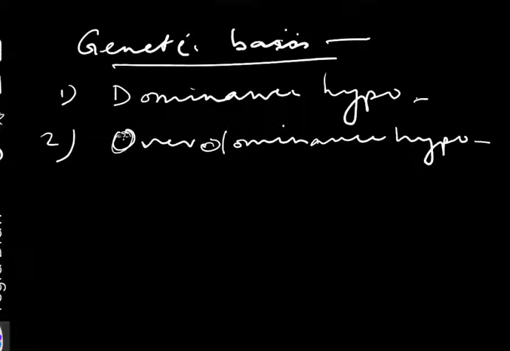The dominance hypothesis says that inbred A has a genotype of capital A, small b, capital C, small d.